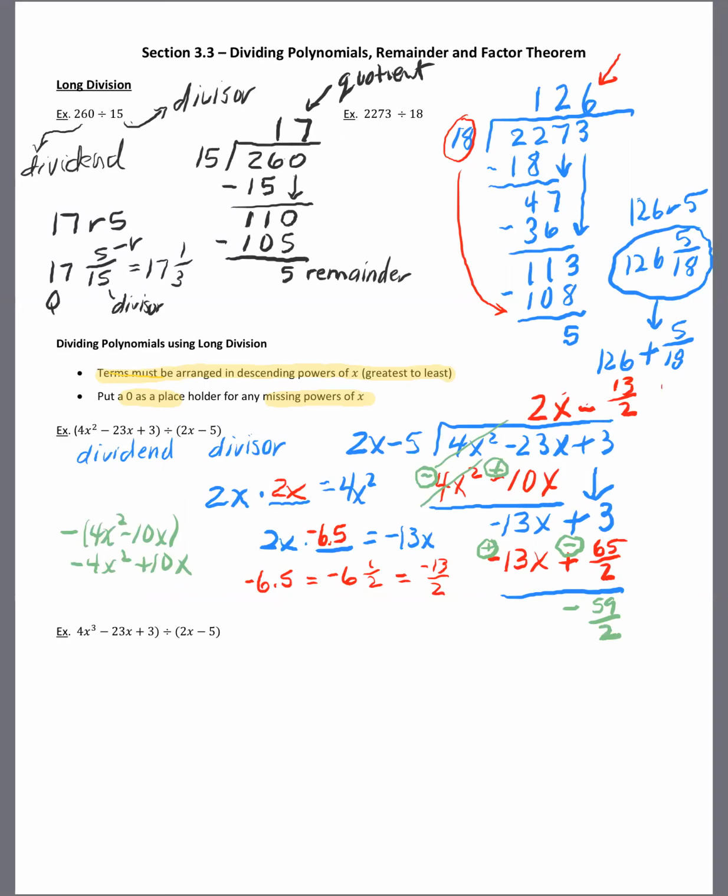Okay. So one way we can write our answer then, of course, this is the quotient up here in the top portion. Let me change colors real quick to show you. This right here is definitely our quotient. A lot of times we'll put that this is Q of X because there's now an X variable in it. We can also come in here and say that negative 59 over 2 is what we call the remainder.